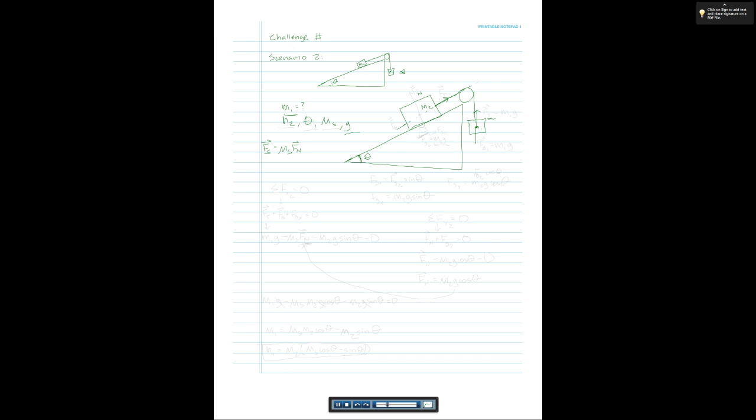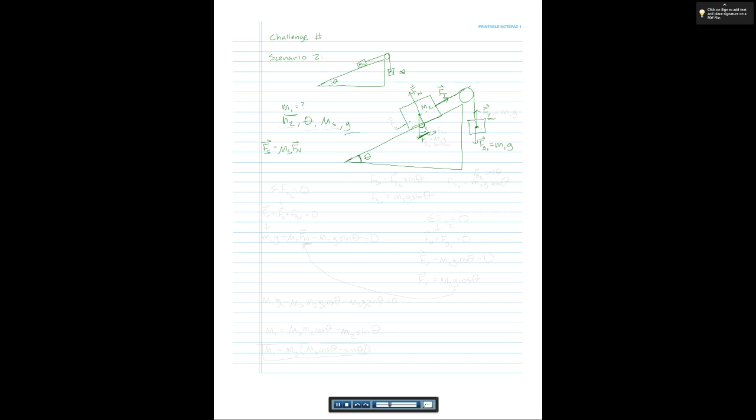Well, if I draw a free body diagram for M1, here's the weight of block 1, which is equal to M1G. And I know that the tension force is equal but opposite to that, and this tension force is equal to this tension force. That's what enabled us to solve scenario 1. Now, both of these blocks are again in equilibrium.